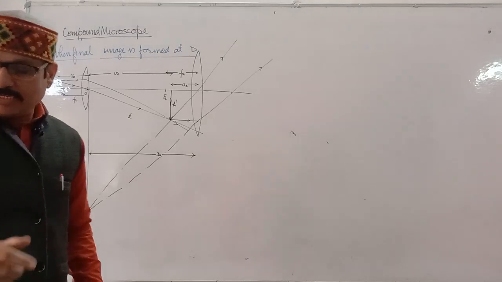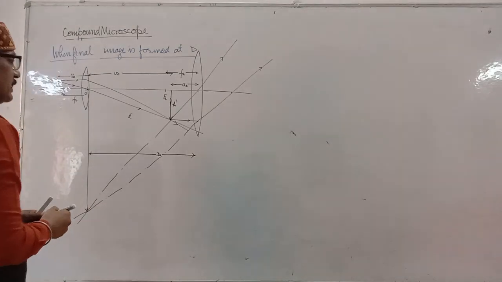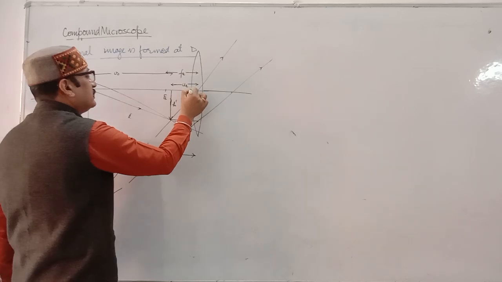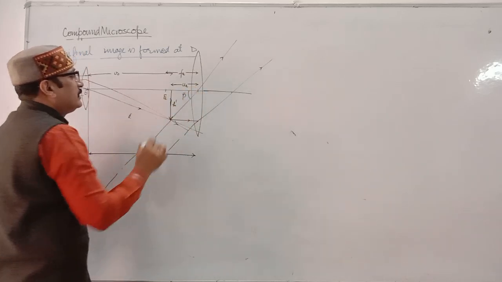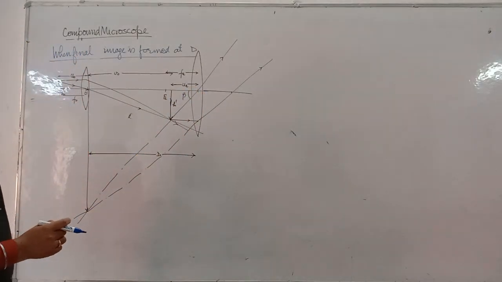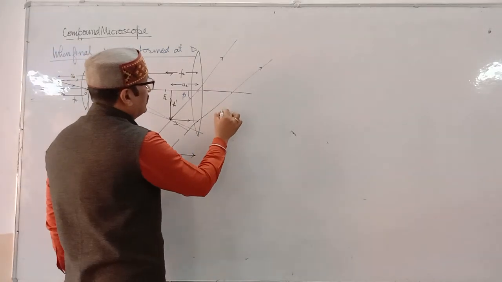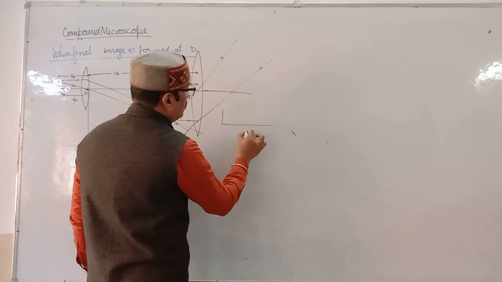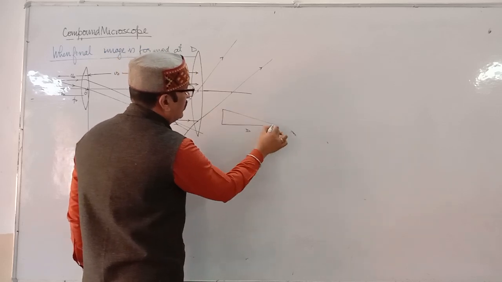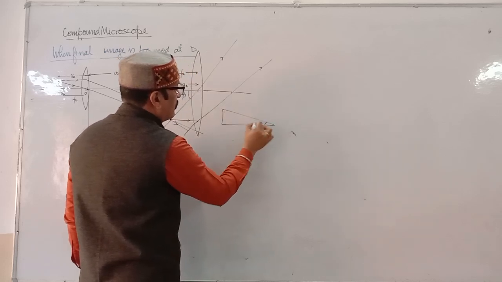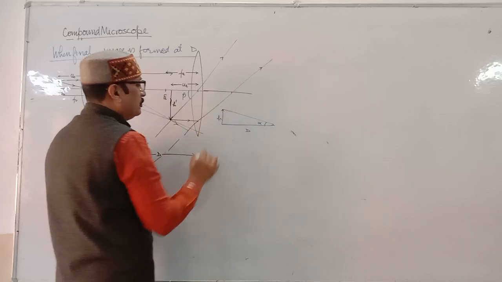Now our next target is to get the value of magnification. For magnification we again go for the angular magnification, which is the angle formed by the image to the angle formed by the object when it is kept at the least distance of distinct vision. Now when the object is kept at the least distance of distinct vision, the angle formed will be alpha. This is the height of the object.